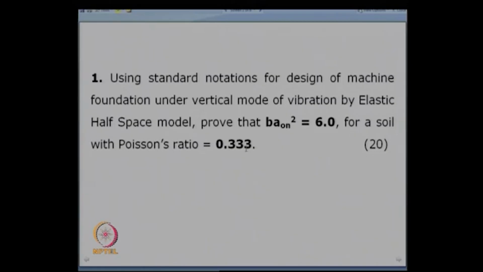The marks assigned for this first question, if we look at the slide again, is 20 marks.